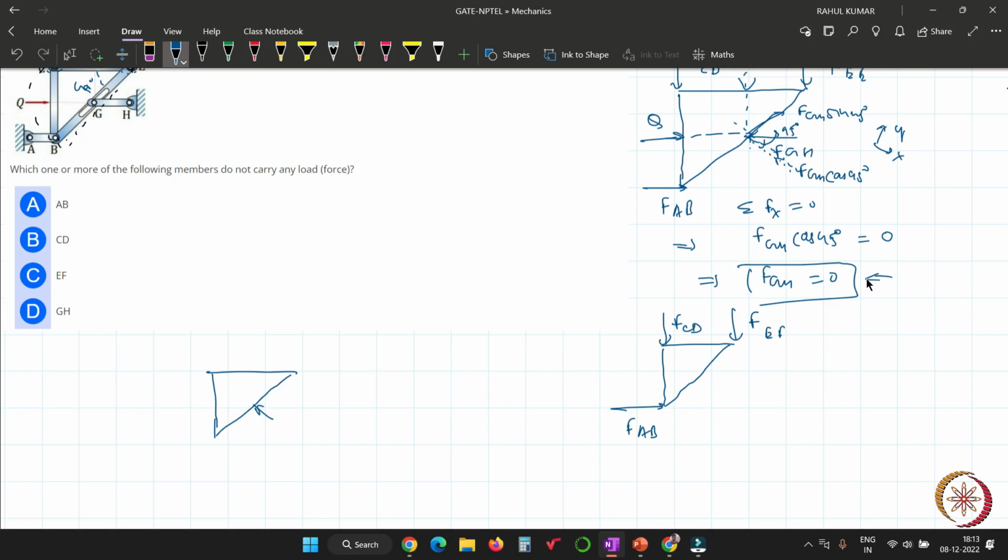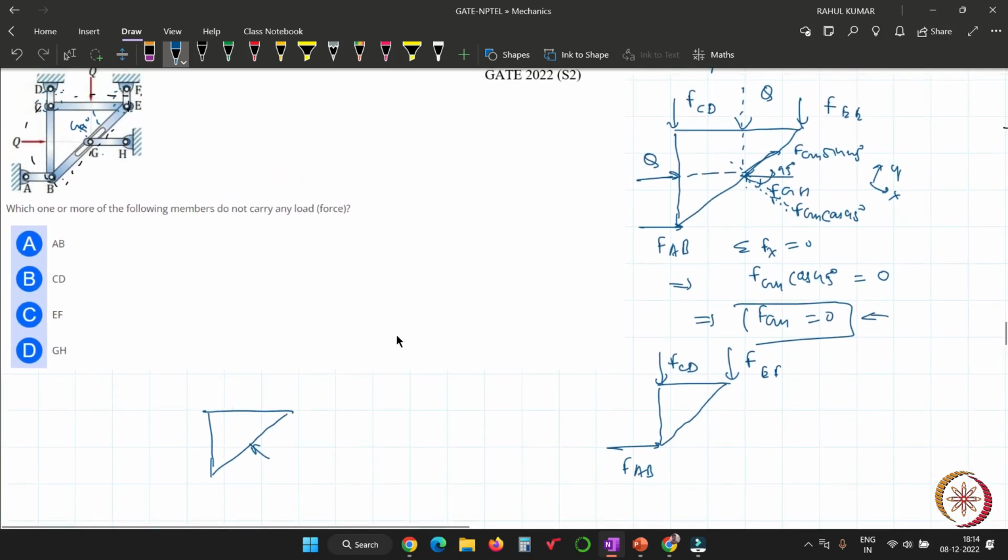I actually generalized the thing. Are you able to understand? Still, you are getting the same thing, I mean, FGH will be 0. Okay, sir, but I'm just asking how we will draw the FBD generally, sir, just to avoid this.